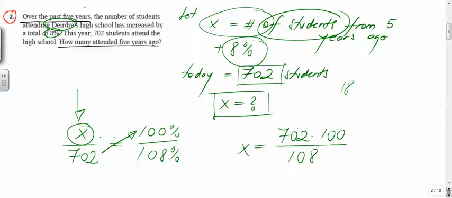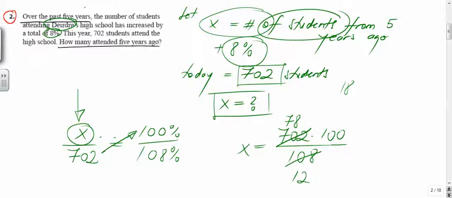Let's go with 9 first. 9 goes in 70 how many times? 7 times. 7 times 9 is 63. Out of 7 will be 7. 9 goes in 72, 8 times, right? How many times goes 9 in 108? Well, 9 goes in 10 once, in 18, 2 times. Okay?